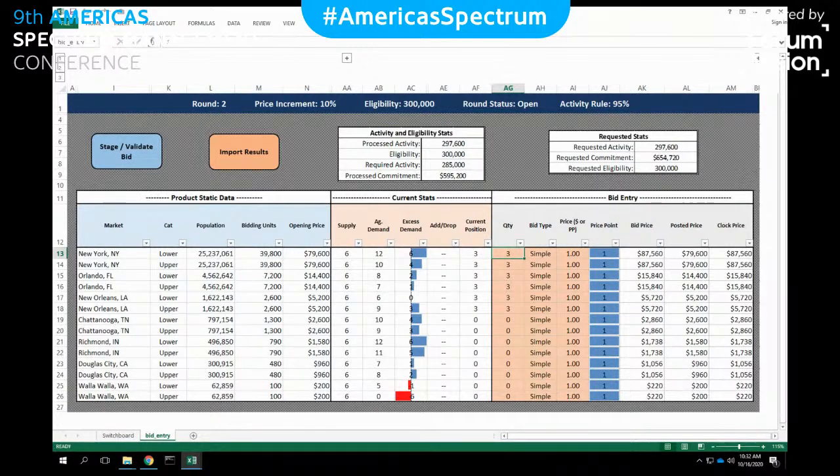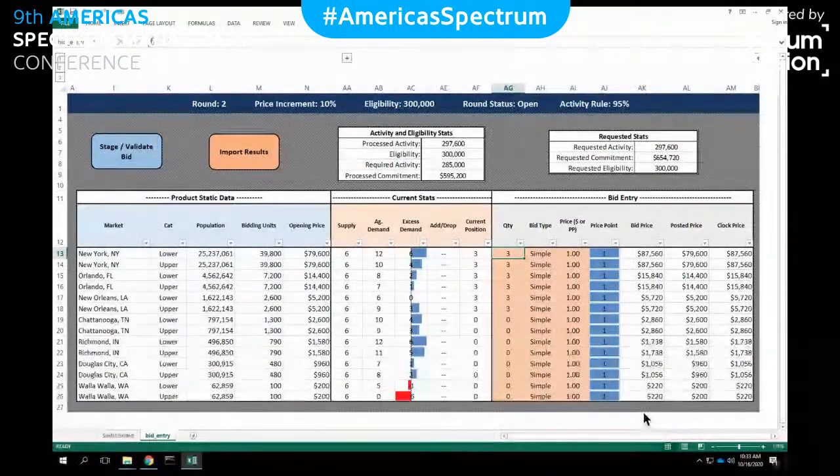For New Orleans Lower, there are 0 units of excess demand. And if it remains that way, we expect the posted price to stay the same and for the clock price to stay the same. So there is no excess demand driving the clock price upwards, okay? So it's important to understand these expectations for how your financial exposure will develop during the course of the auction, given the 2 pieces of information that the auctioneer tells you.